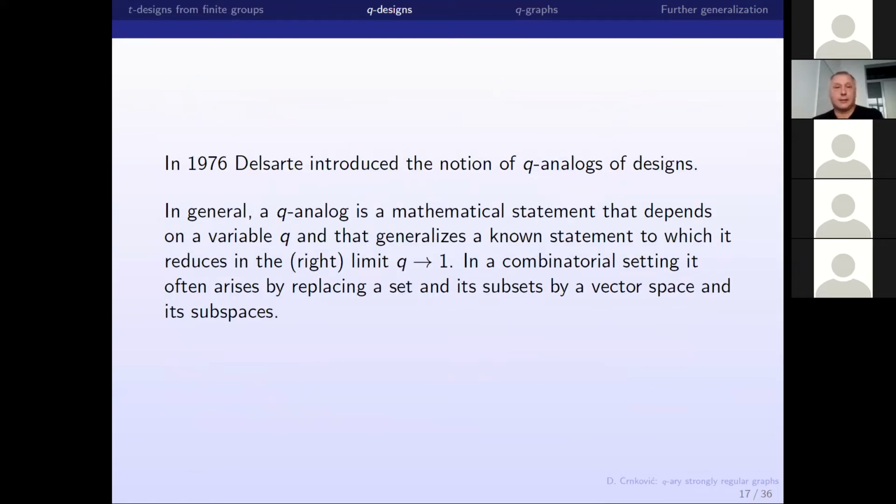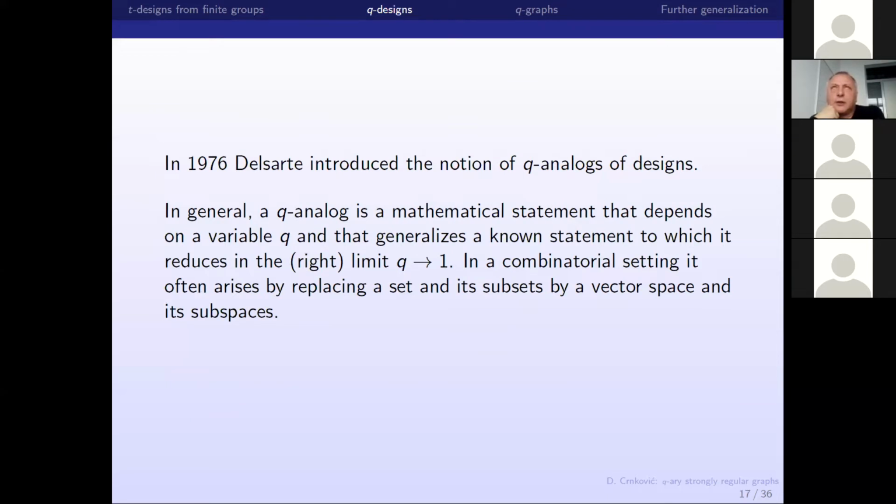So I said that I will talk about q-analogs of strongly regular graphs. First I will say something about q-analogs of designs. Q-analogs of designs were introduced by Delsarte in 1976.